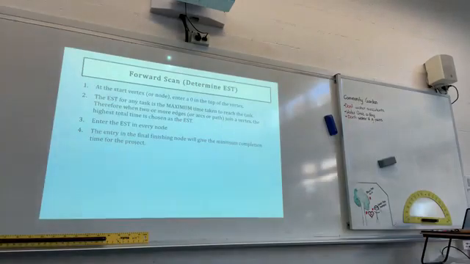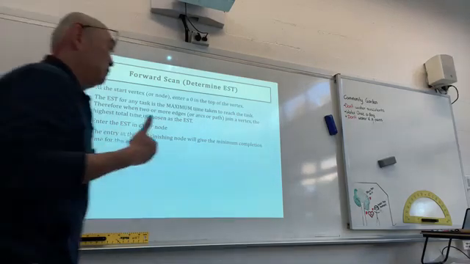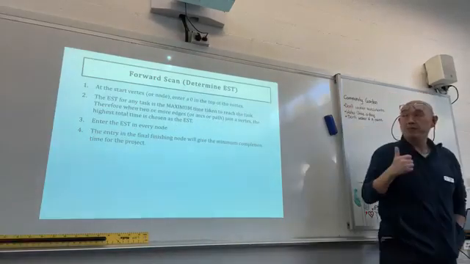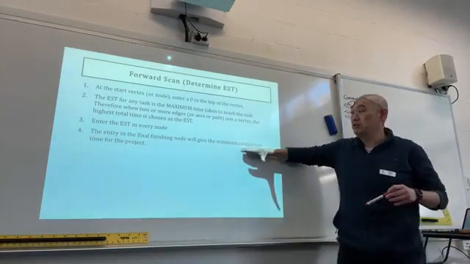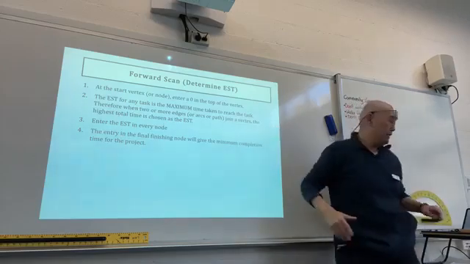The entry in the final finishing node will give the minimum completion time for the project. So EST is linked to the minimum completion time of the project. Everyone happy with that? So now you know what the minimum completion time for the project is based on the EST.